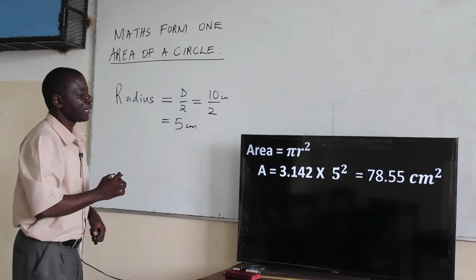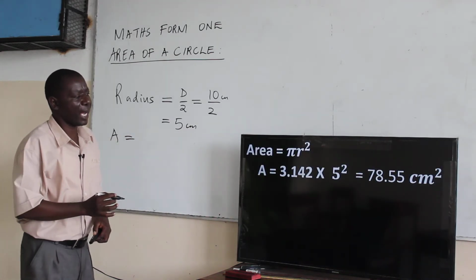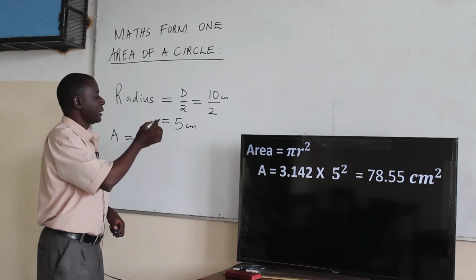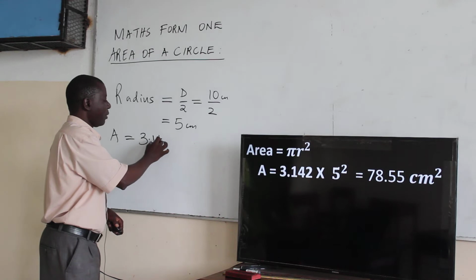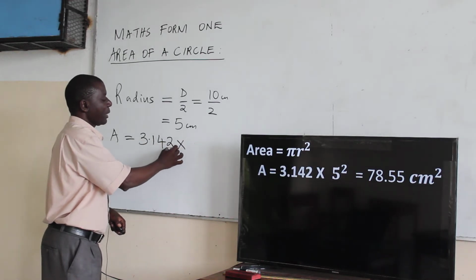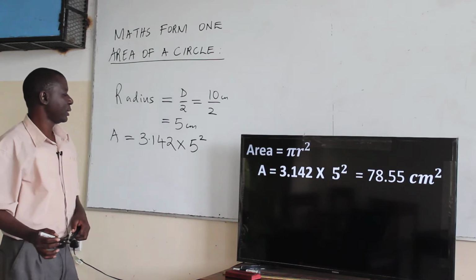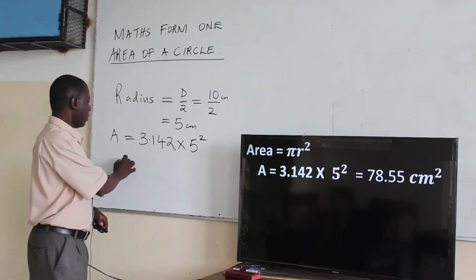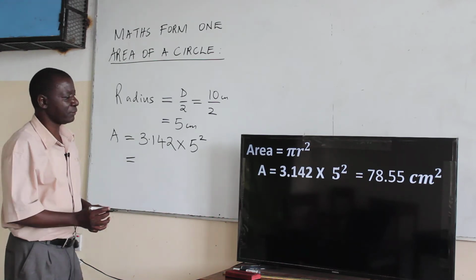So in other words, if we want to get the area, it will be pi. Pi is a constant given by 3.142. Then we multiply by the radius square. Multiplying all that together, it is 3.142 multiplied by 25.